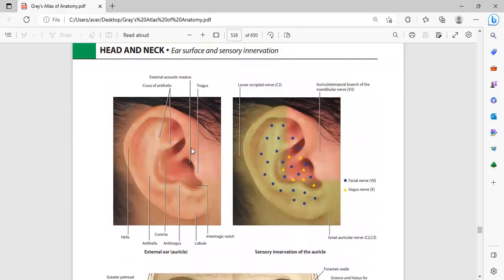Above this external auditory meatus, this part we call the suprameatal triangle. You can actually see the triangle if you look at a bone. The mastoid air cells and the mastoid antrum are located deep to this.